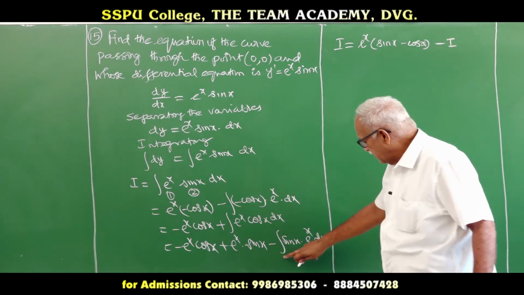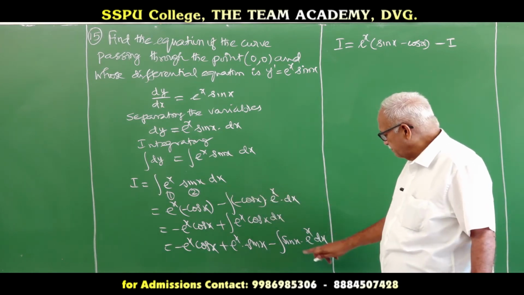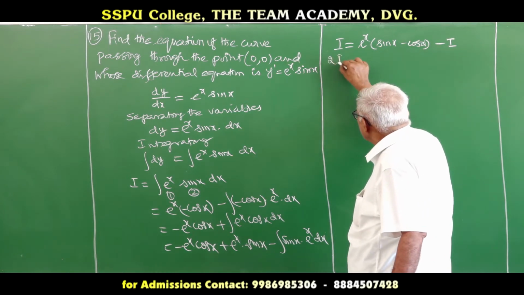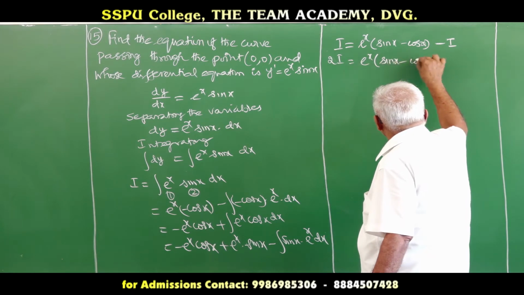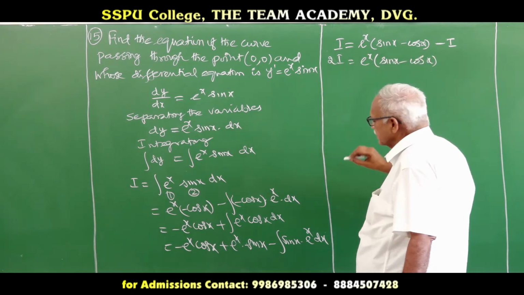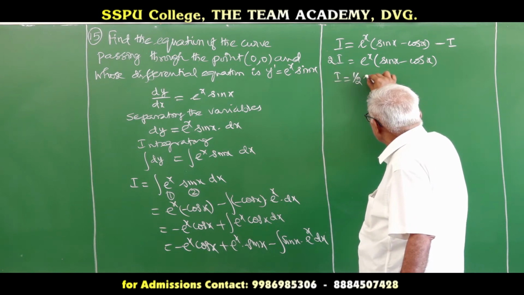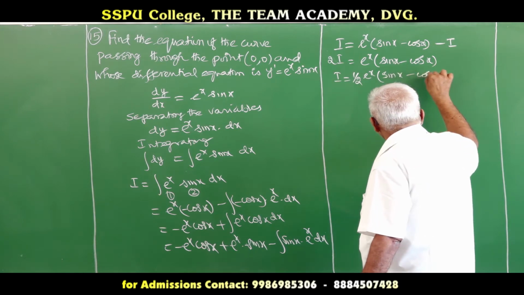This integral e^x sin x is nothing but I. Therefore, taking this as I, we will get minus I. So, 2I is equal to e^x (sin x minus cos x). So, I is equal to 1/2 e^x (sin x minus cos x).